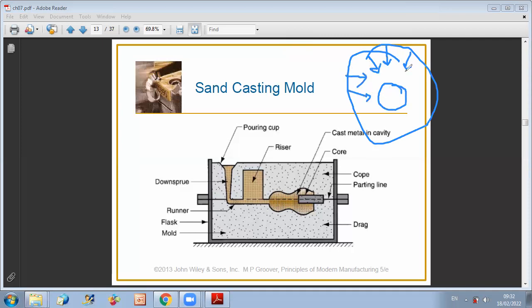But for the internal part, how does the metal shrink there? If you have a hole, at the end the hole diameter will be larger than the one of your core part. This is why you will design a smaller core and a larger cavity. Do you have an idea? Yes, okay.